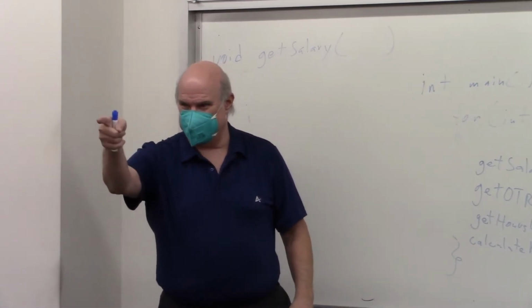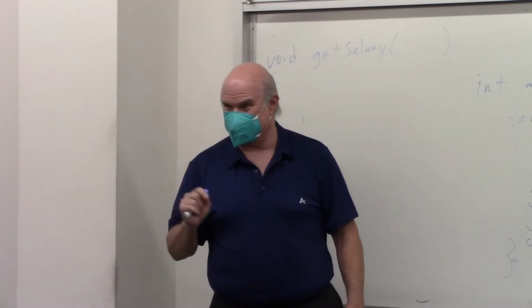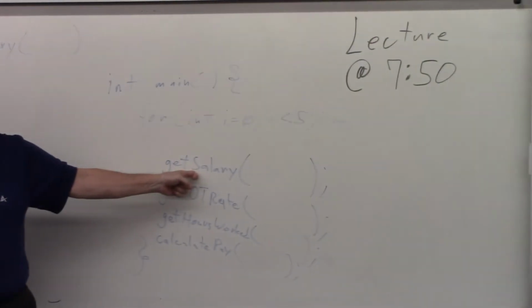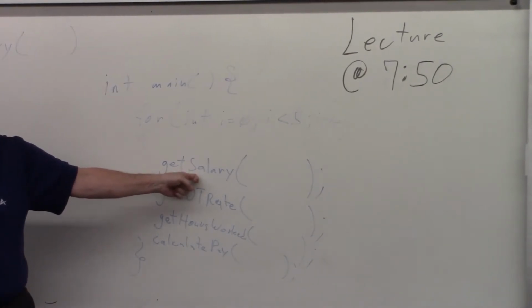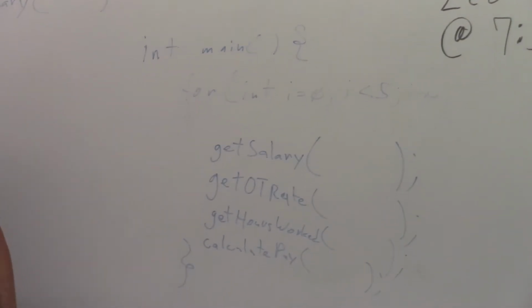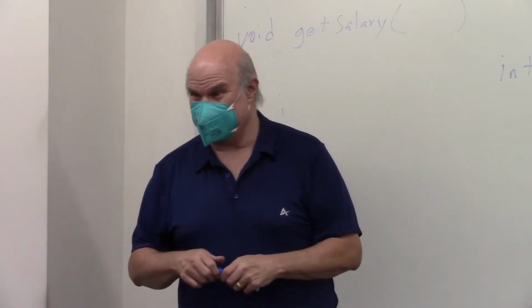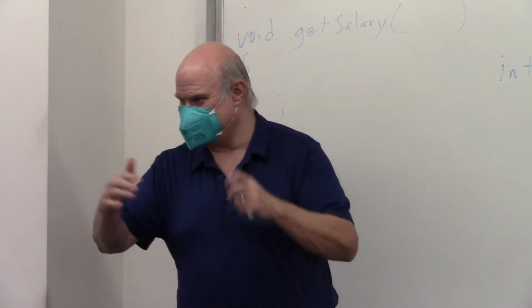This is calling the method. This is a method call, or a function call. Method and function are interchangeable words. The word function is because it provides some functionality. Method is because it's the method of doing something. That's where those two names came from.